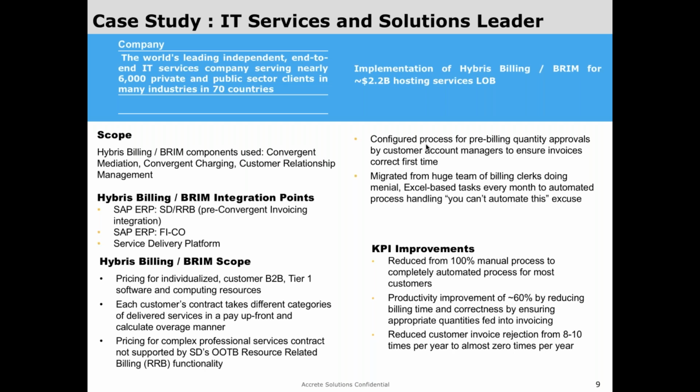Else, what you end up with, on that last bullet, what we migrated from, is a huge number of billing clerks doing menial Excel-based tasks every month because, quote, you can't automate this.